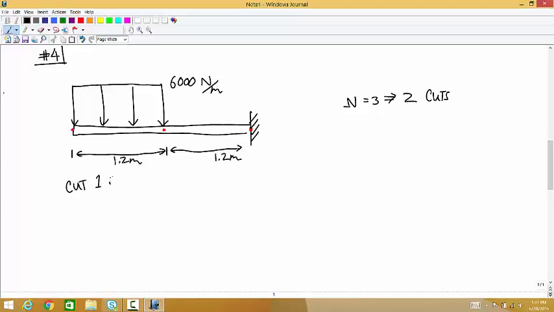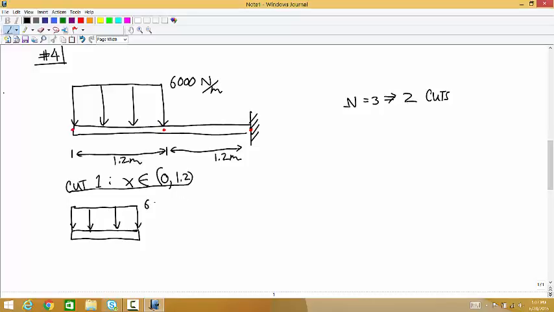Cut 1 is for x values between 0 and 1.2. And no matter what x is in this range, the distributed load goes all the way along the member. And then we have these internal loads.